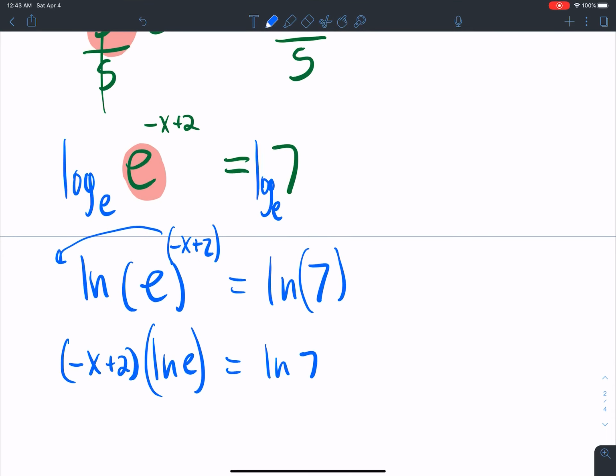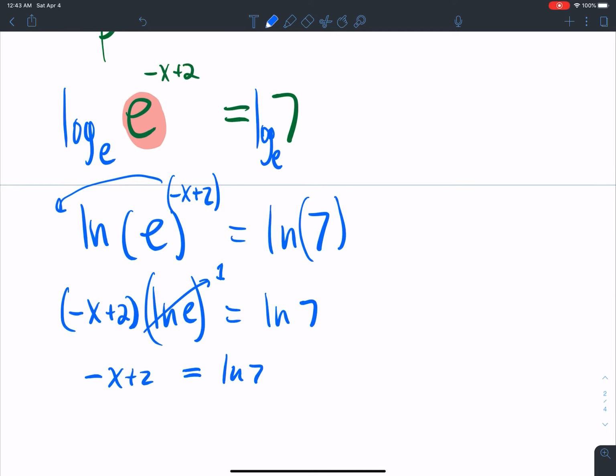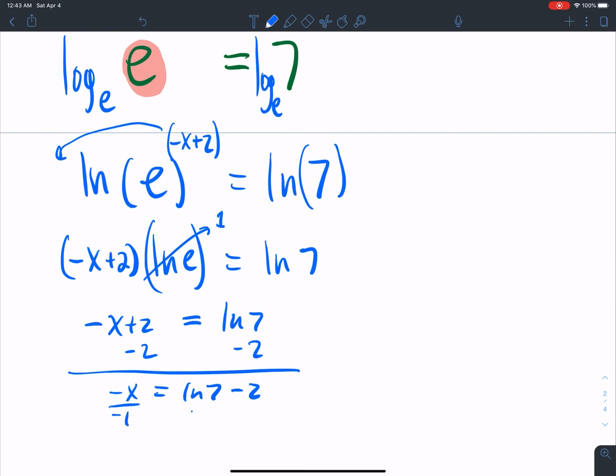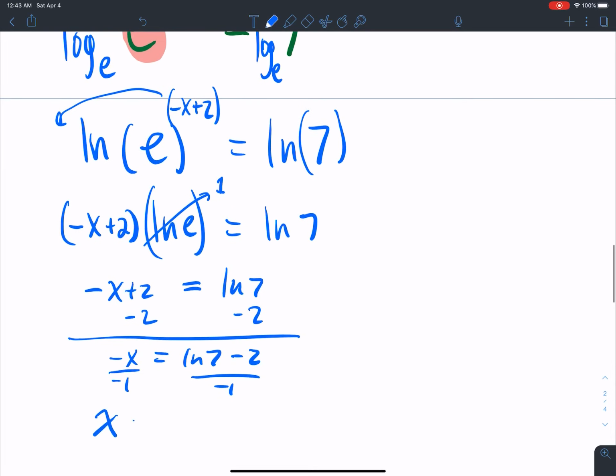Okay? So what do I get? I get negative x plus 2 equals ln 7. So what do I do? Minus 2 on both sides. I have negative x equals ln 7 minus 2. Divide by negative 1. I get x equals 2 minus ln 7.